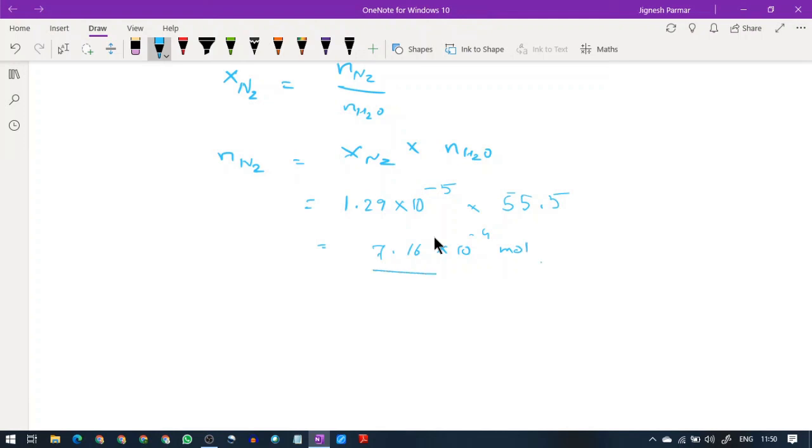But they are asking about millimole. So 1 mole is equal to how many millimoles? 1 mole is 10 raised to 3 millimoles.